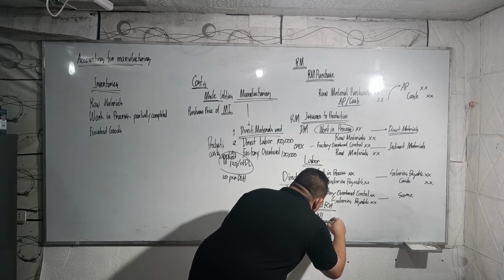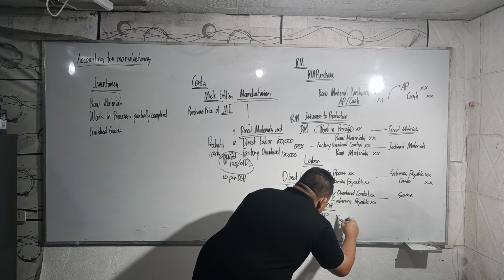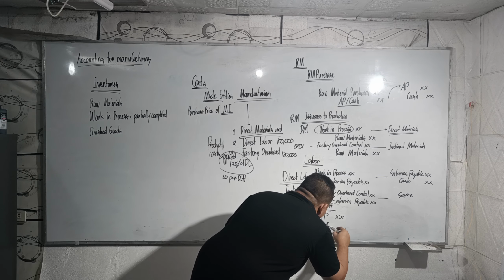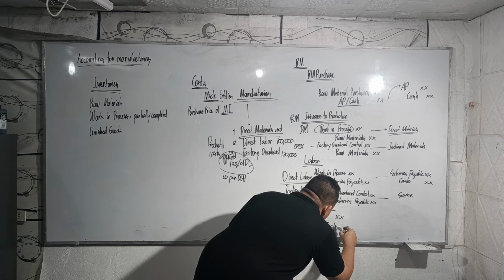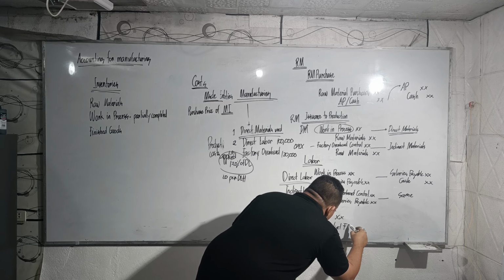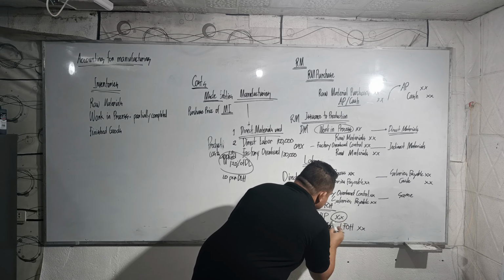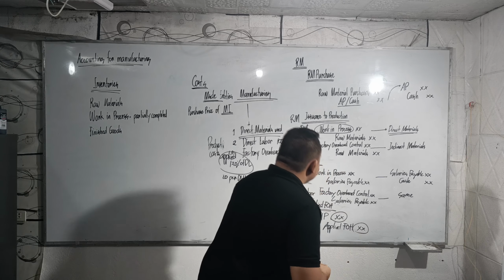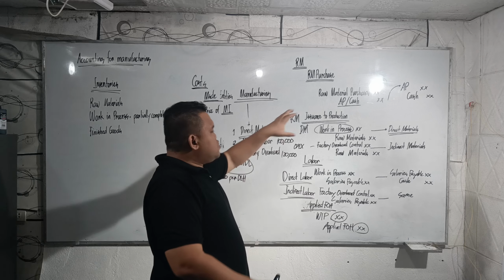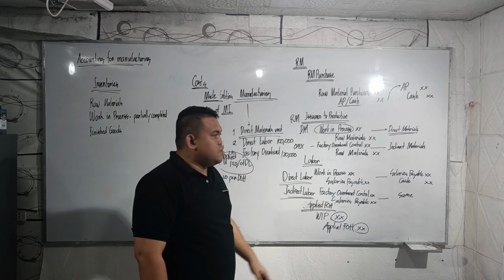The debit will be work in process, and then we have the applied factory overhead account. So that's what will go to the work in process inventory.